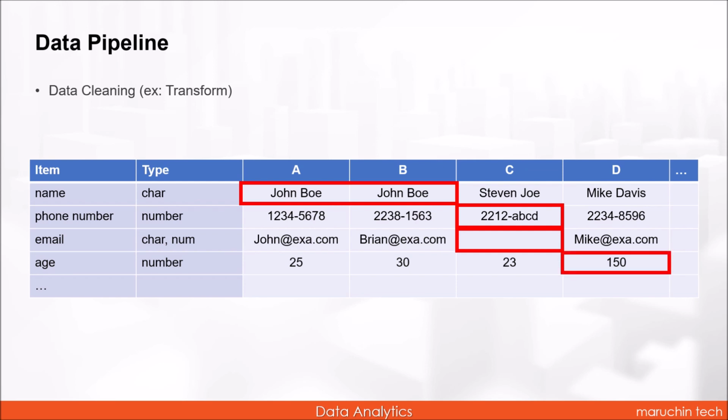And there is an impossible age of 150 years old, which also needs to be corrected. If you find irregular values, you usually define rules to convert them to the correct form or delete them during data processing.